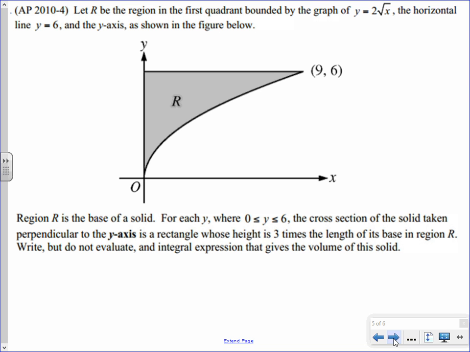So that's okay, so area equals. Alright, so that's the length of its base. So that times, we're just multiplying it.